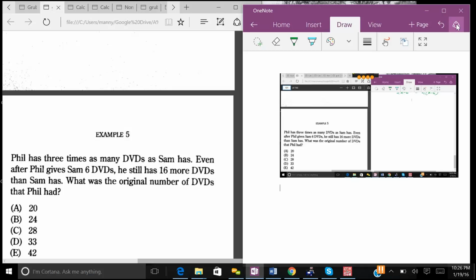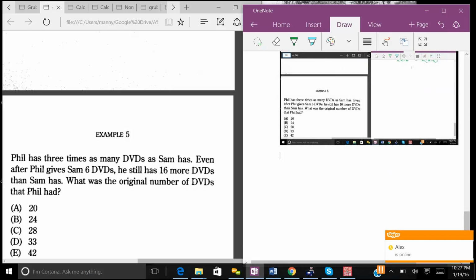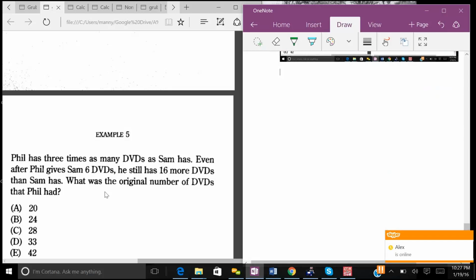Okay. Is it x equals 28? You're again on the right track. You're kind of close, but x is first of all not the answer. X is 14. They're asking for Phil's DVDs, not Sam's DVDs. Oh yes, x is 14. Yes.